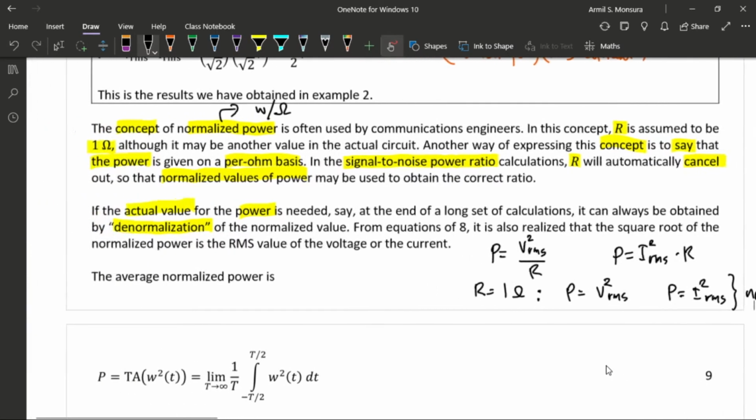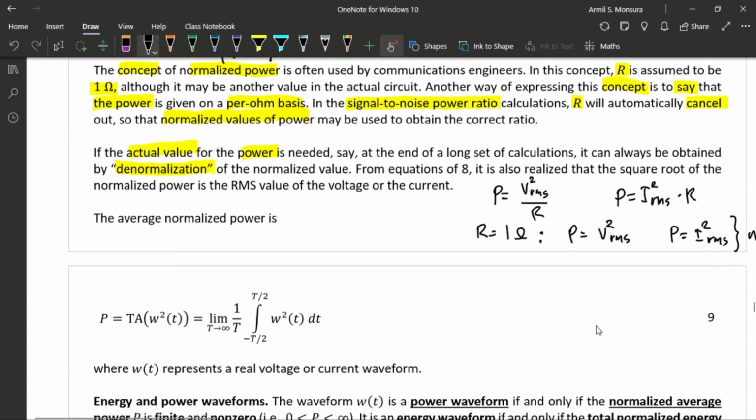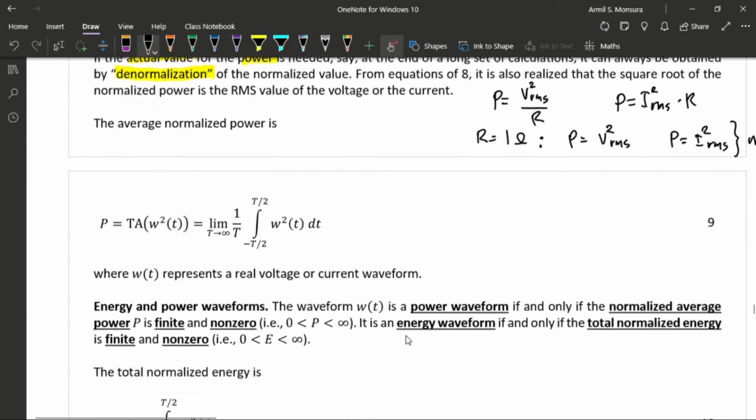Again, the use of normalized power depends on how much ease you would like your analysis to have. If that R causes your analysis to be kind of difficult because of its value, then you can use normalized power.